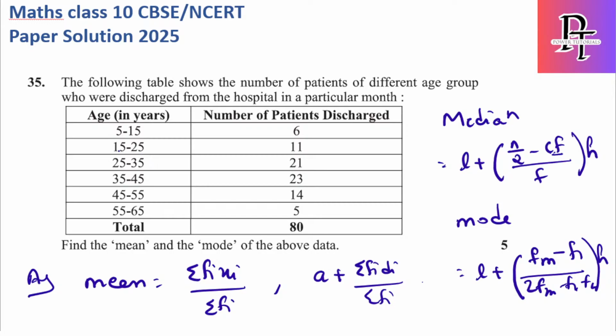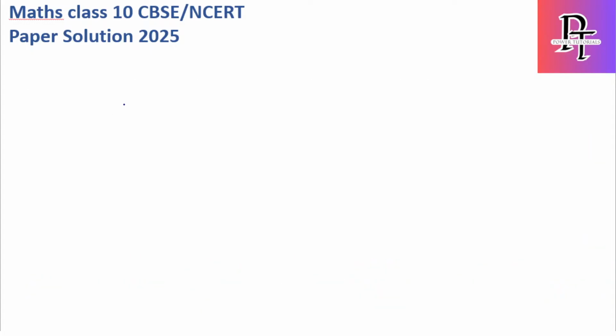So here I have the class intervals, whereas for mean I don't want the class intervals, I simply want the mid values directly. So xi will be the mid values of 10 to 60. I'll write them directly: the xi values are 10, 20, 30, 40, 50, and the last one is 60.